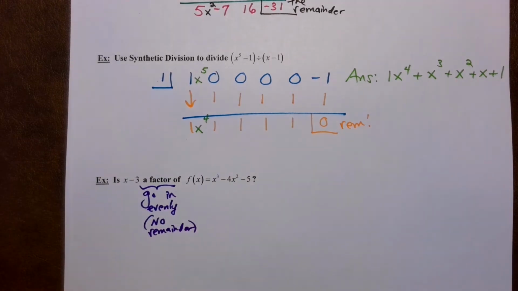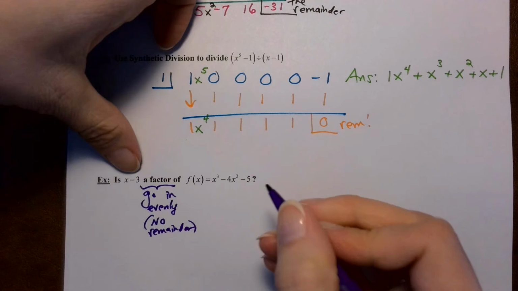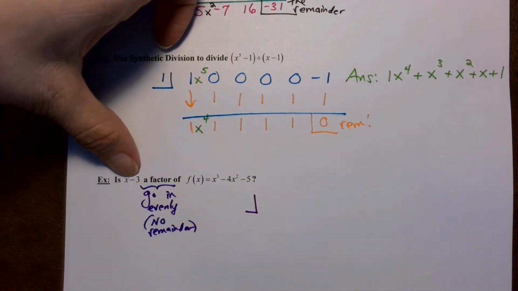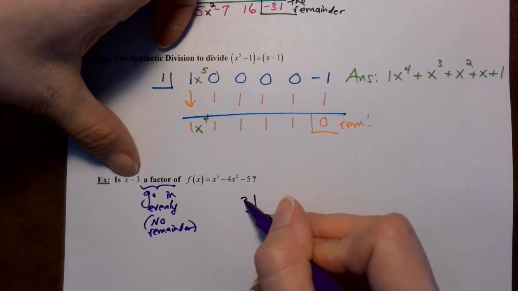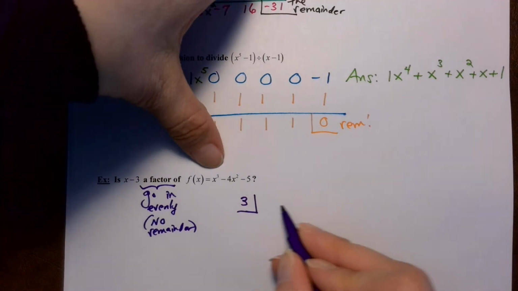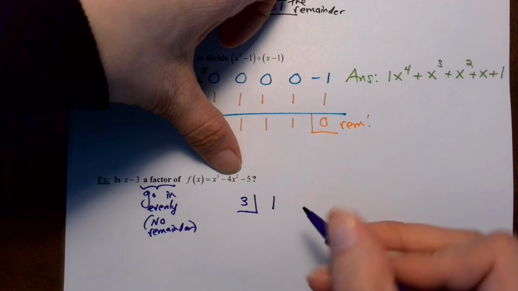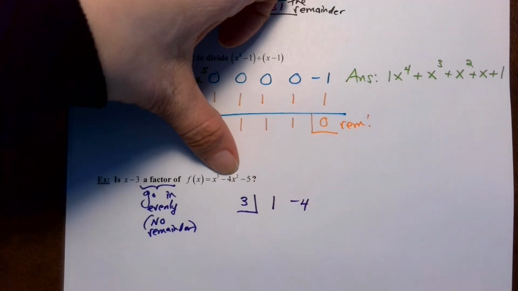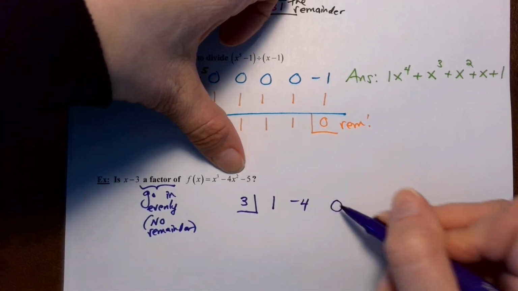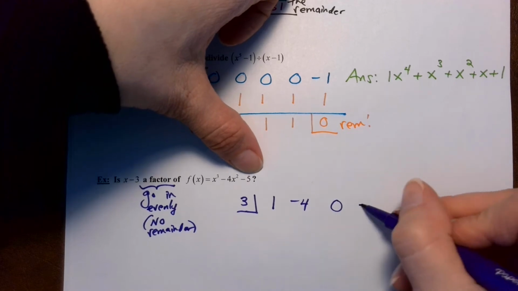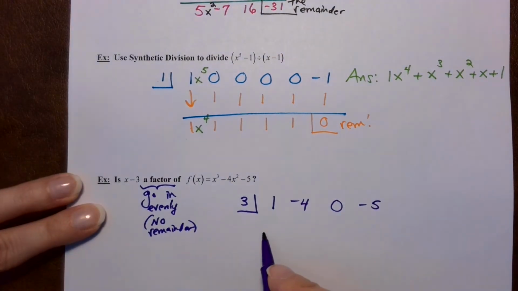Let's go see if that actually happens. What number would go in the box? That's right, a positive 3. Now don't forget about all your x's. 1x cubed, negative 4 for x squared, 0 for x, negative 5 for the constant.